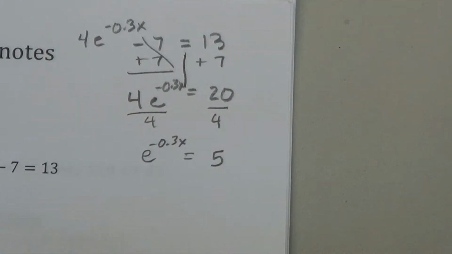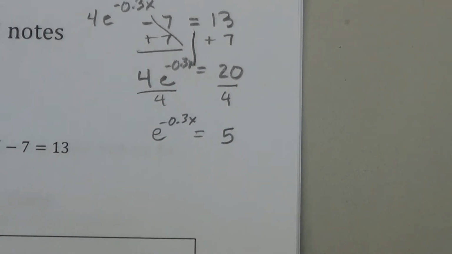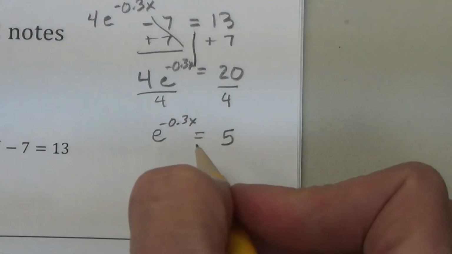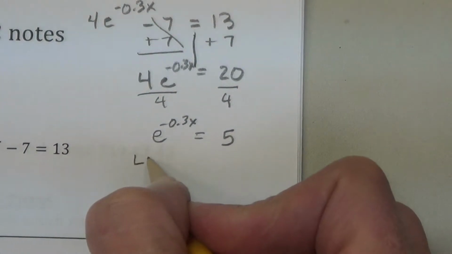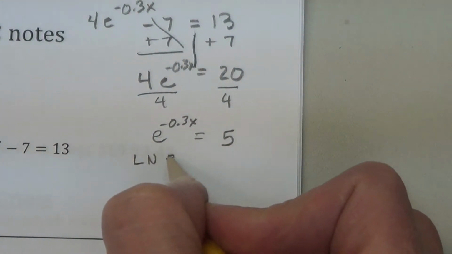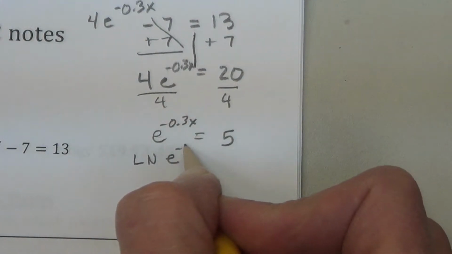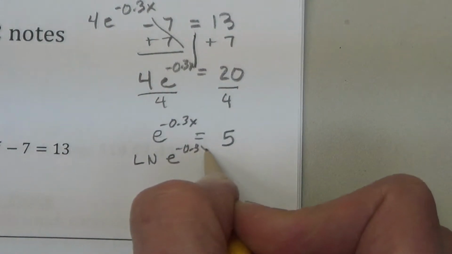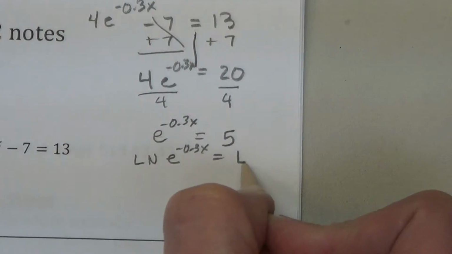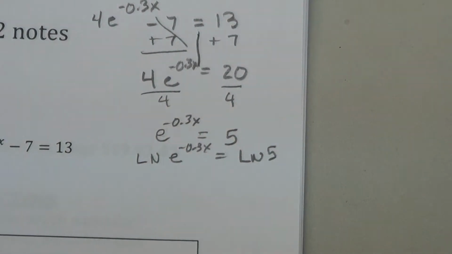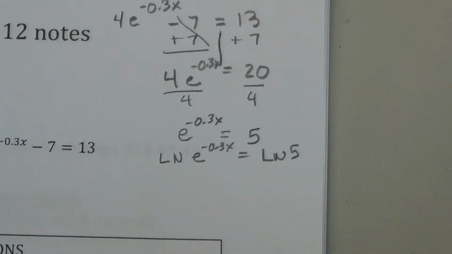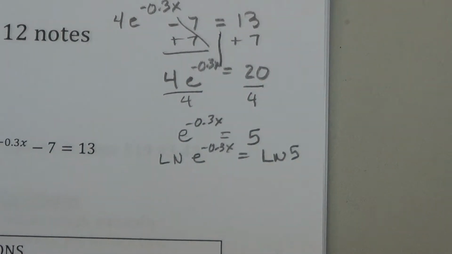Now in order to cancel e, remember that would be a log base e, but we write that as ln. So we have ln e to the negative 0.3x equals ln 5. What we do to one side, we have to do to the other. That's where we get that.